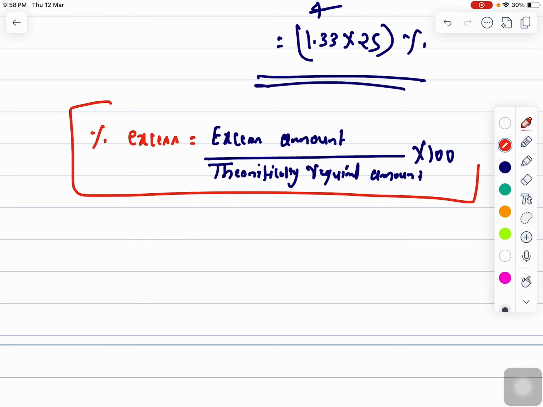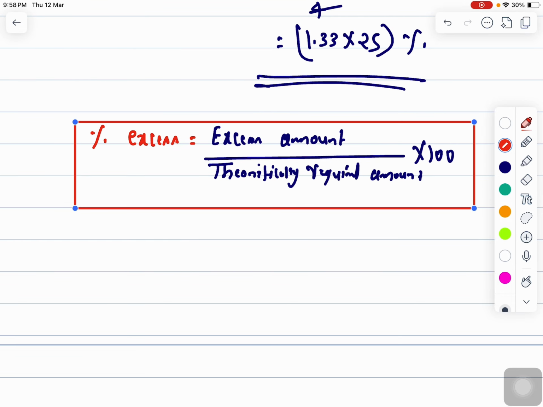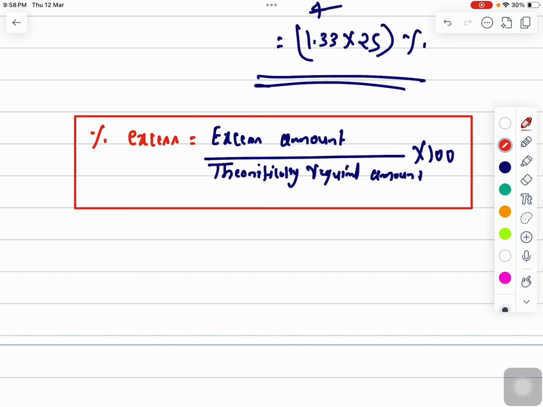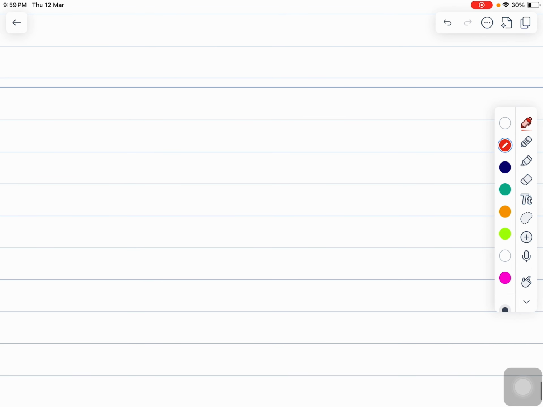This will give you the percentage excess of any particular reactant in the reaction. Now coming to how to calculate the conversion.